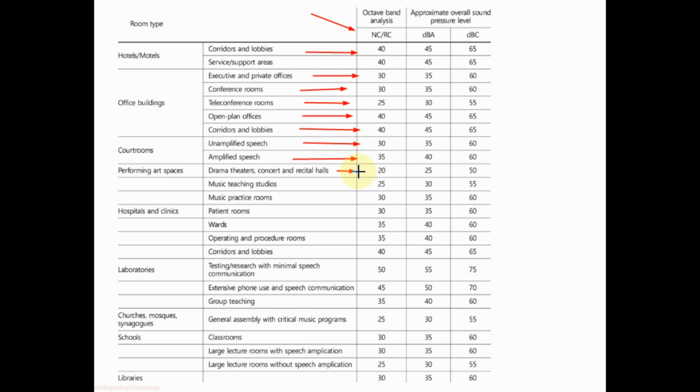Drama theatre 25, music teaching studios 25, music practice room 30, patient room 30, ward 35, operating and procedure room 35, corridor and lobbies 40. Laboratories 50, mosques, churches and temples 25, school classroom 30, large lecture theatre with amplification 30, and without amplification 25, libraries 30.